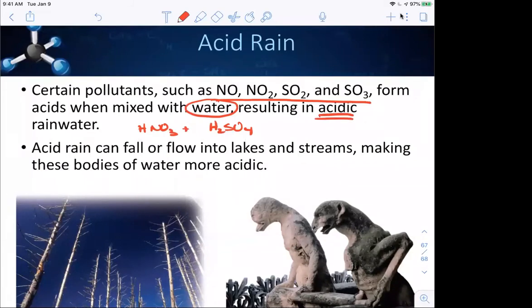Those are very acidic compounds. So they turn into these acidic compounds, and then when the rain falls, I've got this dissolved acid in there, and that can fall or flow into lakes and streams, and that can lower the pH of the water, making it more acidic, and that can actually damage ecosystems and buildings and all kinds of other things as well.